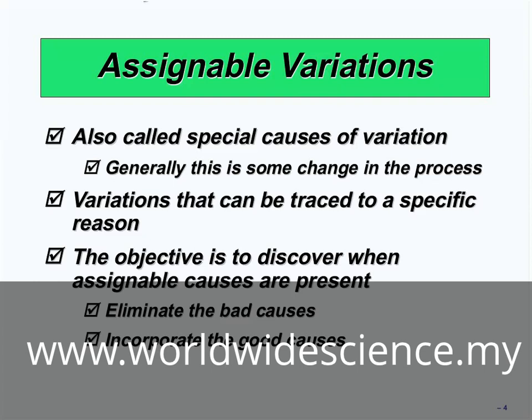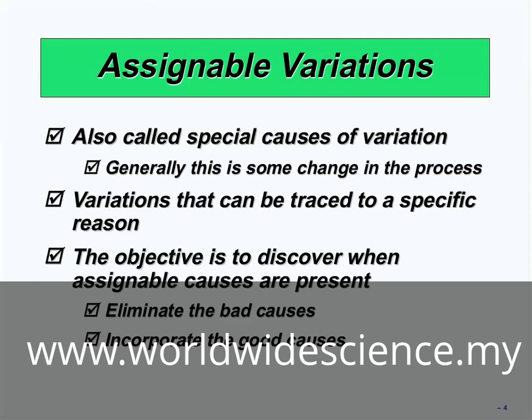Assignable variation, also called specific causes of variation. Special causes means it has happened for reasons like labor or machinery, and this is in our hands. This is because of us. It's not natural. It is variation that can be traced to a specific reason.